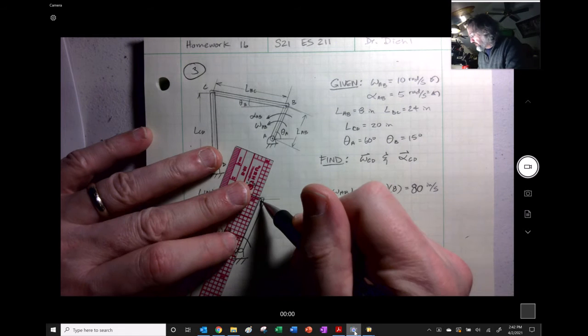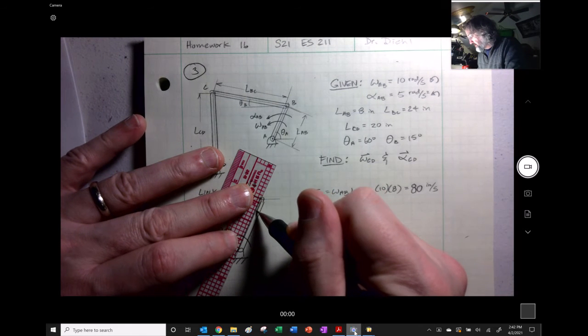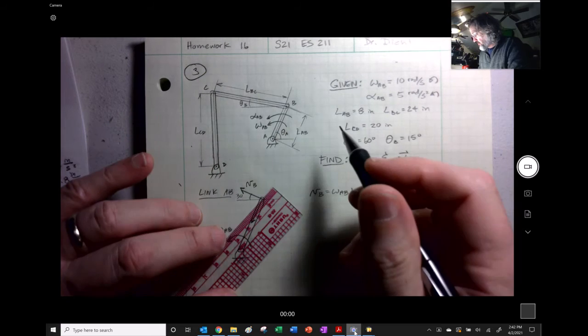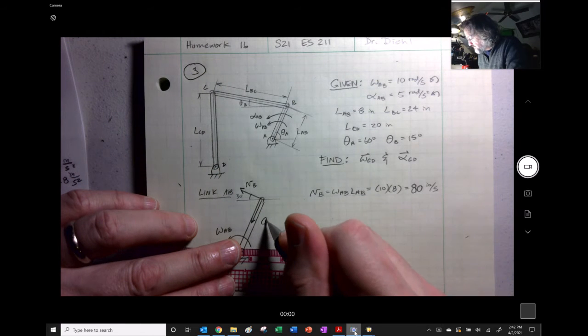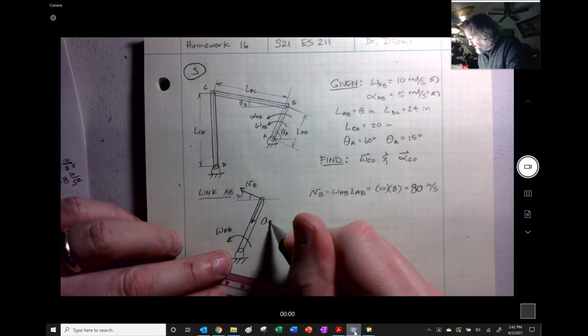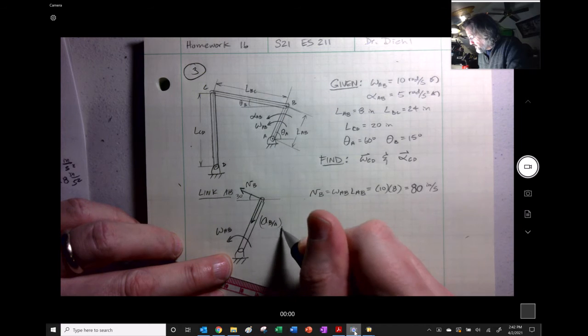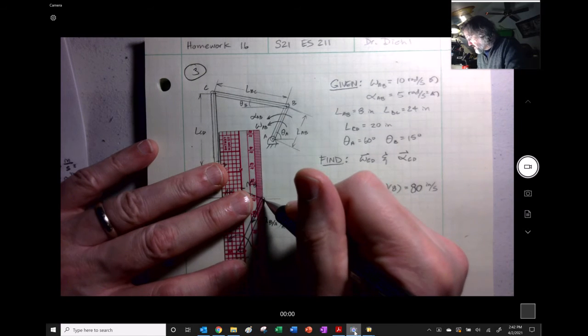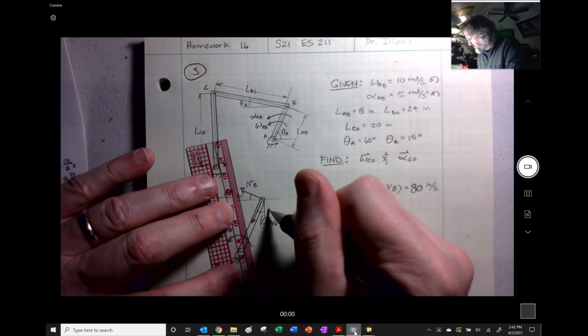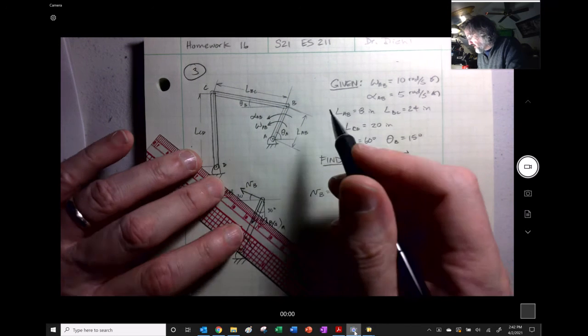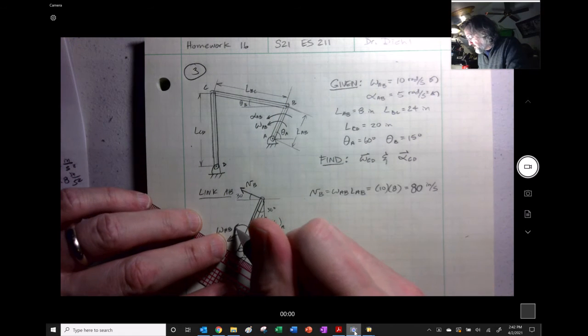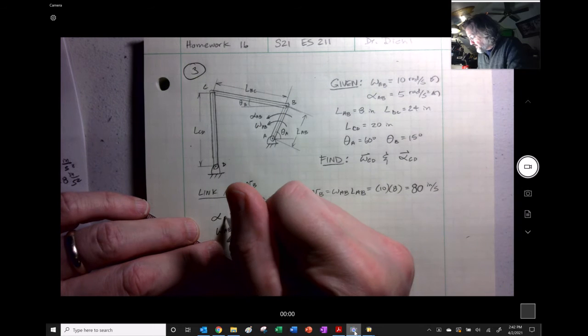While we're here, let's do the acceleration analysis. And so we're going to have an acceleration of B with respect to A in the normal direction. And by the way, that's going to be 30 degrees right there as well. And I might as well go ahead and guess my alpha AB.